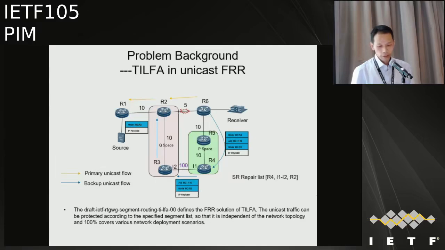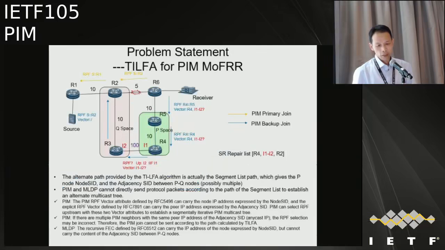Here, we can send the packet to R4 and then to R3, forcing this packet from R4 to R3, and then R3 won't send it back. So that's the advantage of LFA, and we can now see what's the problem with MoFRR.